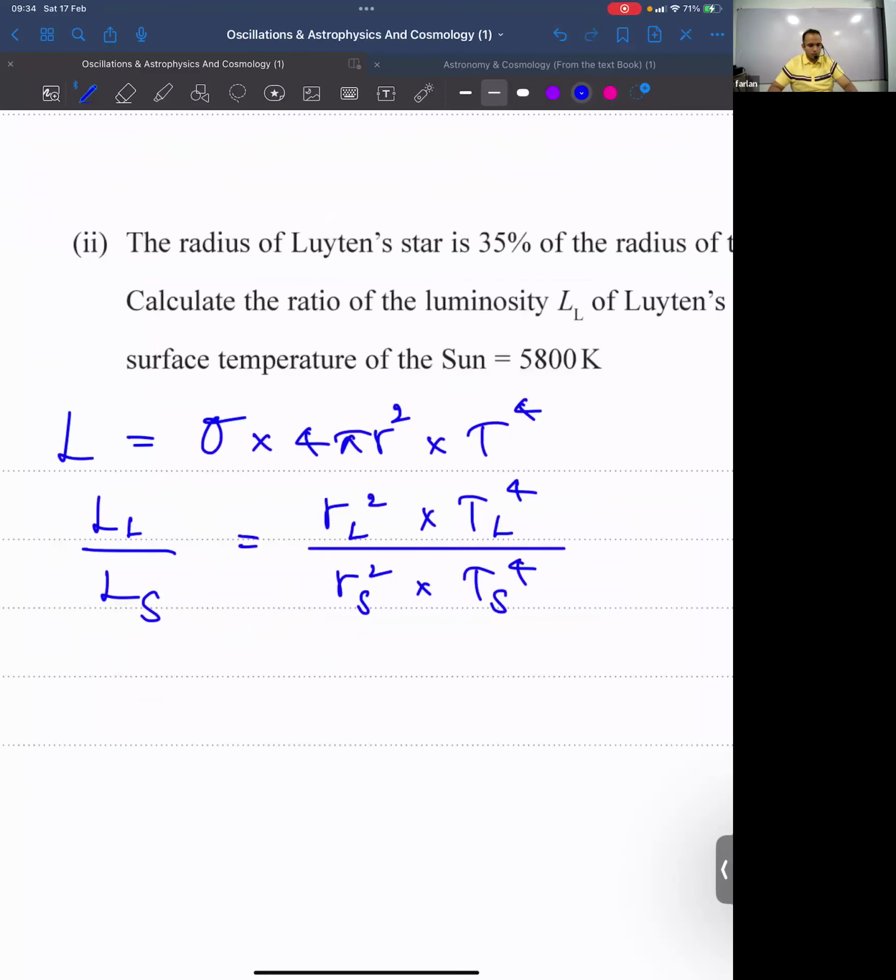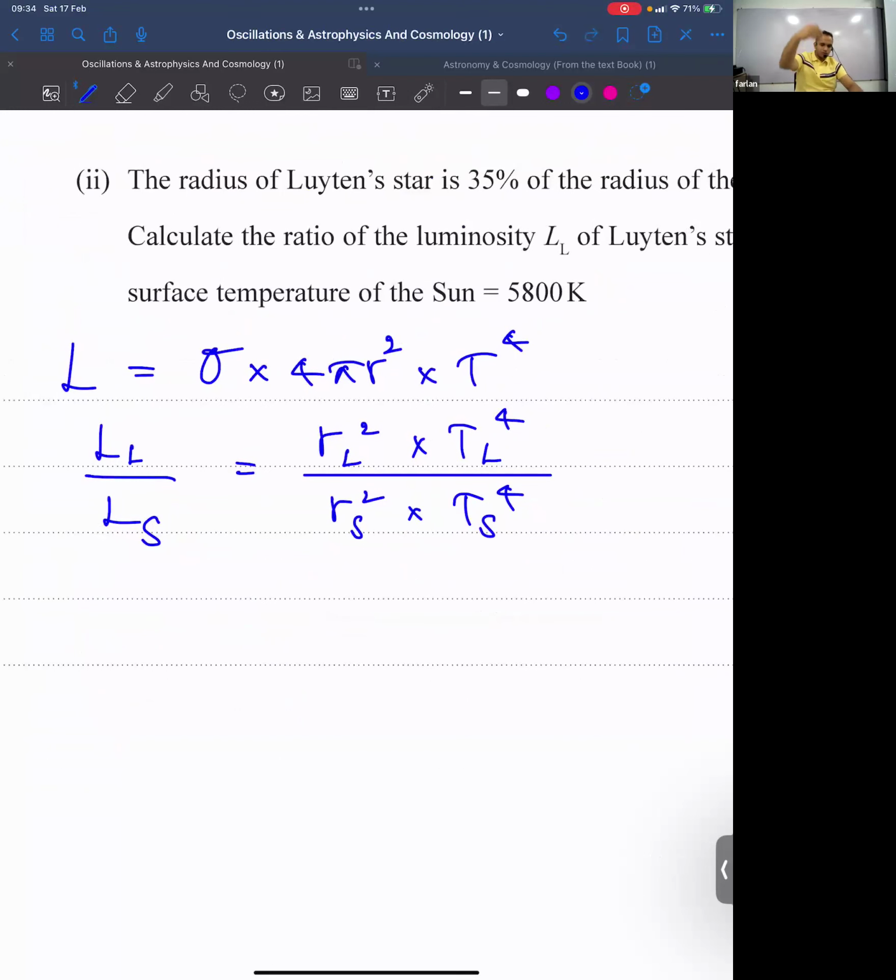When you get the ratio of luminosity of one star over the luminosity of the other star, sigma is a constant which will cancel off. 4 pi is a constant which will cancel off. So luminosity of the star L they are talking about over luminosity of the sun will be RL square into TL to the power 4 over RS square into TS to the power 4. Agreed?